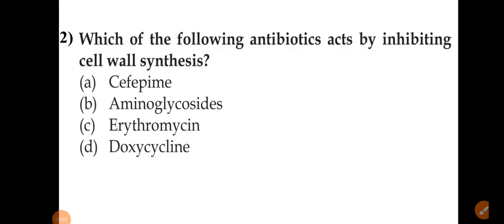So the next one: which of the following antibiotics acts by inhibiting cell wall synthesis? Again a question from cell wall synthesis inhibitors. So what are the drugs which inhibit the cell wall?